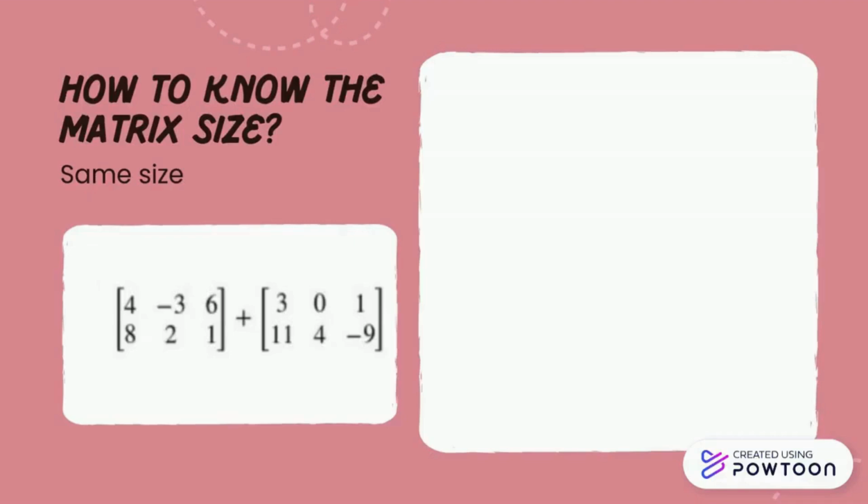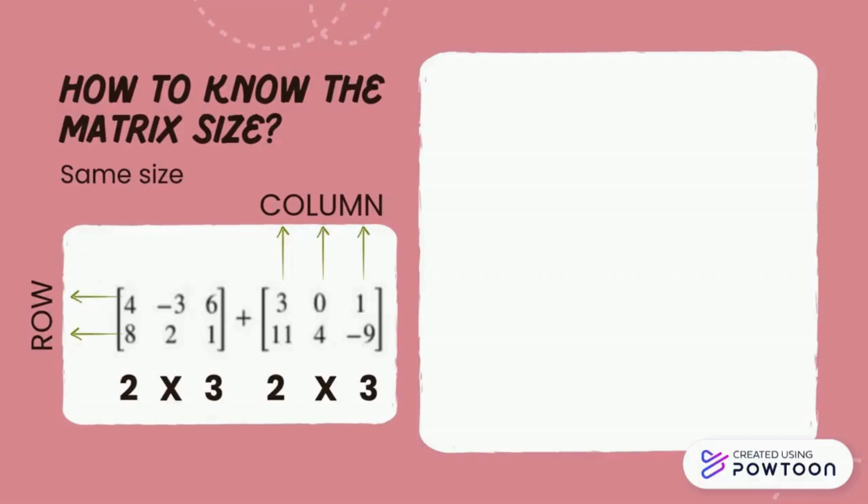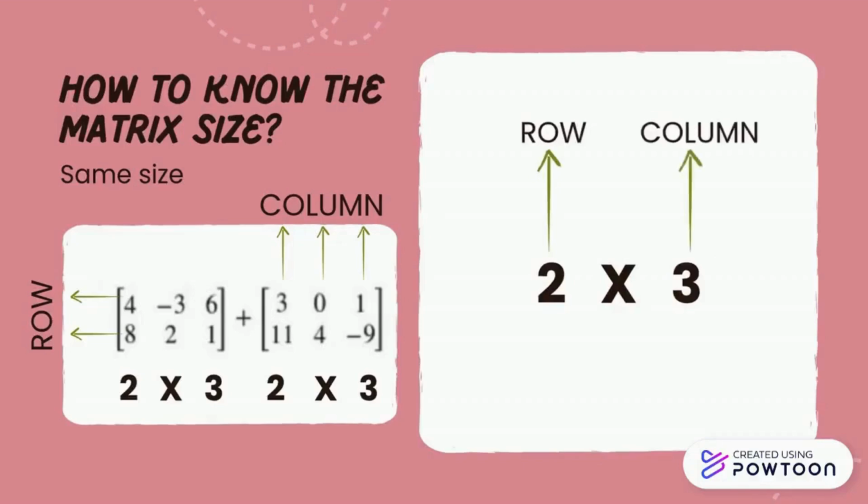Okay, next, we need to count how many columns there are. For the example I give, the rows we have for the matrix are 2 and the columns we have are 3. So the example matrix is 2 by 3. After we know the size of the matrix is the same, we can continue the addition process.